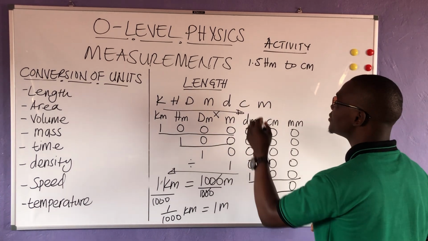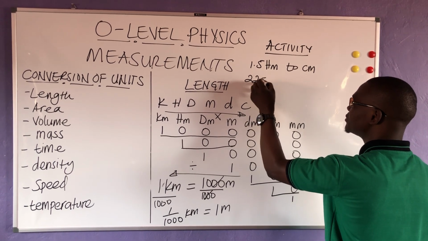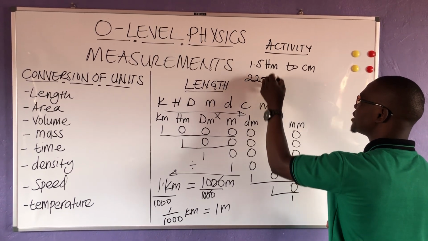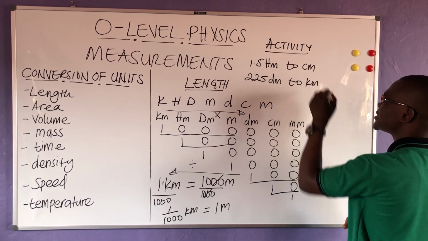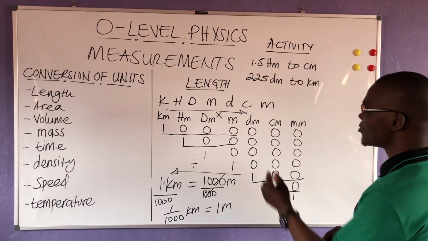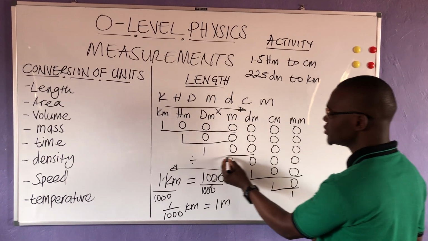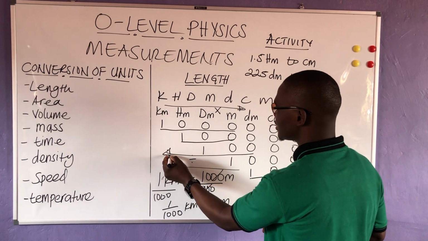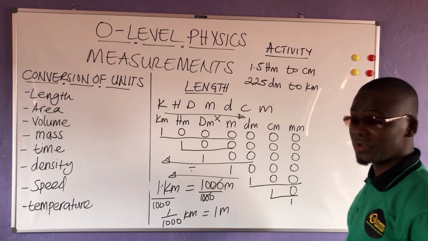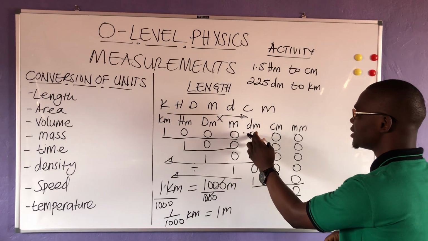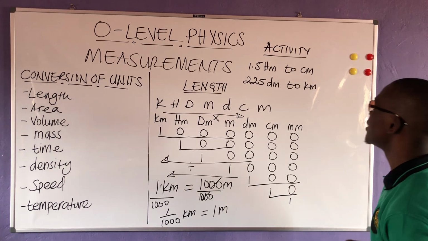You are also going to convert 225 decimeters to kilometers. Now we are moving from decimeter, which is a smaller unit, going into kilometers. So we can tell the equivalence of 1 decimeter in terms of kilometer using that formula.